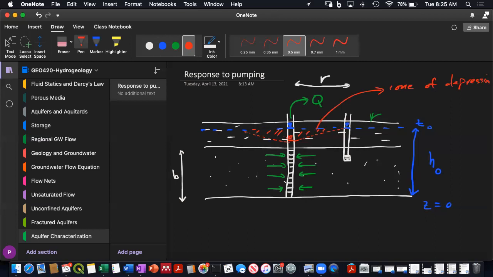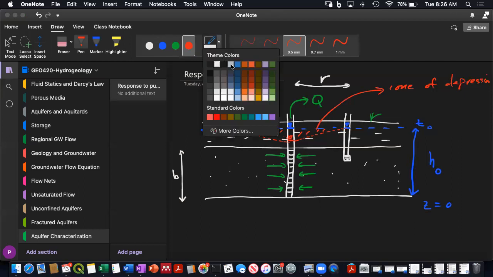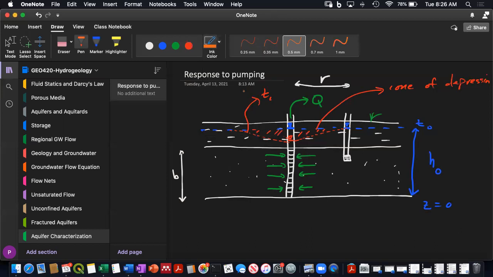So this is the head or the potentiometric surface at some time after pumping, T1. And our head here, so as pumping goes on, oftentimes the water level inside the well will remain constant most of the time, but this cone of depression will continue to expand.